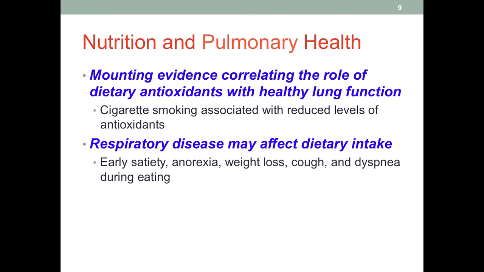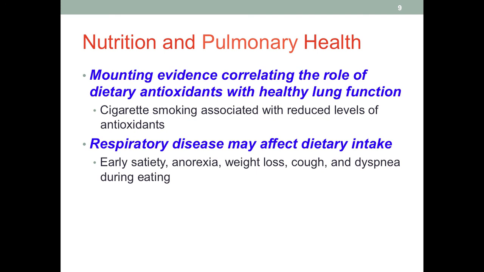And we know cigarette smoking is associated with reduced levels of antioxidants. So we already know that cigarette smoking in itself harms lung tissue, but there's an additional mechanism. Antioxidants are good for lung function, but cigarette smoking can reduce the action of the antioxidants.